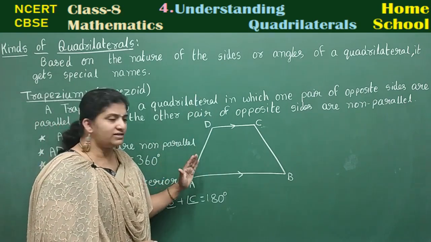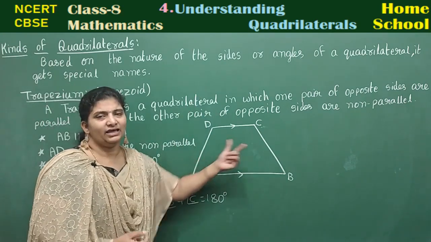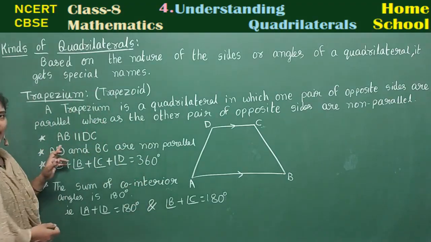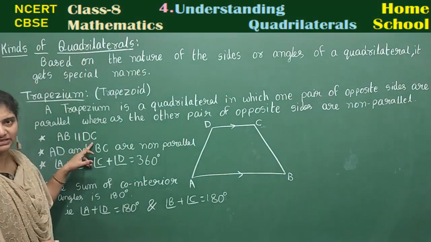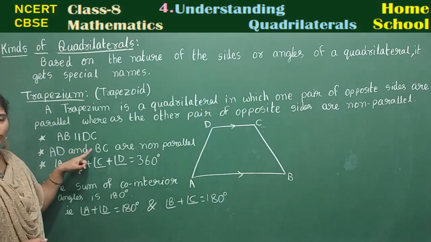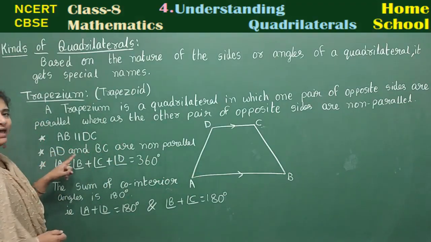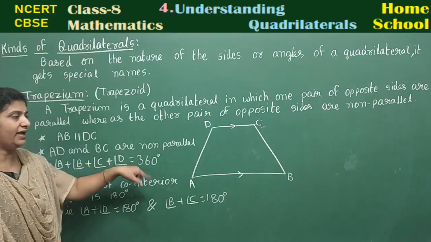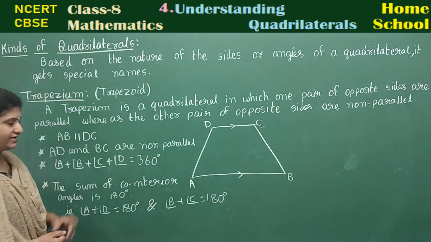What are the non-parallel sides here? AD and BC are non-parallel. We can write it as AB parallel to DC. AD and BC are non-parallel sides.